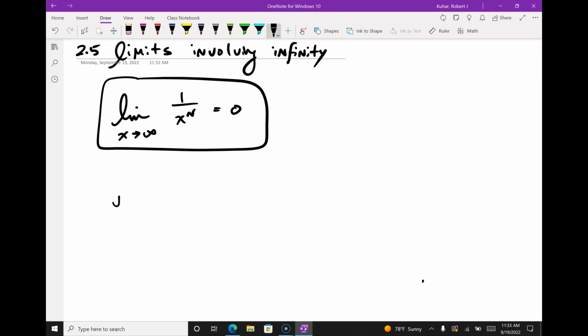So if we just look at f of x is 1 over x, right? And we're looking at this graph as we're moving on to the right on the graph, it's pretty clear that it's going to a height of 0, right? And think about it, 1 over 100, 1 over 1,000, 1 over a billion, 1 over a godzillion, well, it's going to get closer and closer to 0, right?